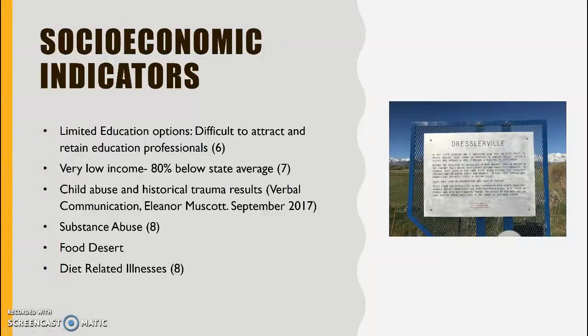Substance abuse problems on the colony, specifically binge drinking and illicit drug use. The Dresserville colony is located in a food desert. They're about 2 miles from the closest food source, which is a gas station, so it's really not the best food source at that. And the prevalence of diet-related illnesses, specifically diabetes and obesity.